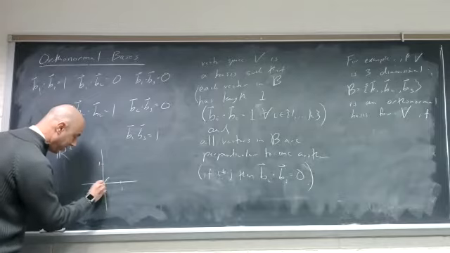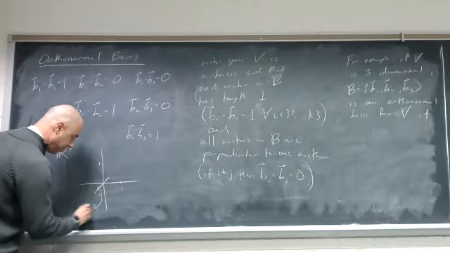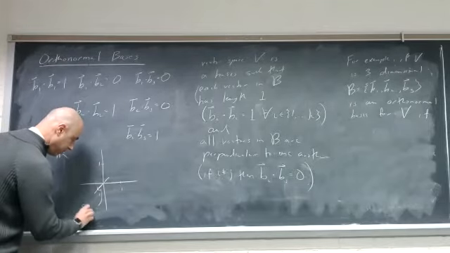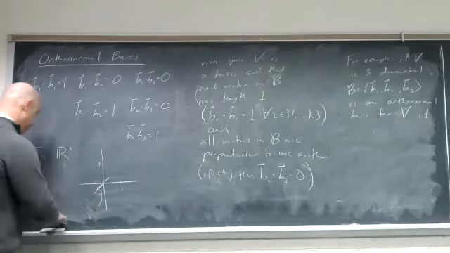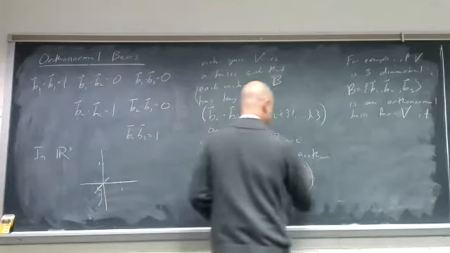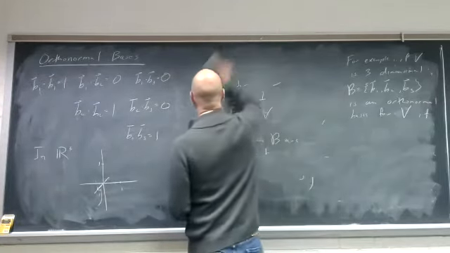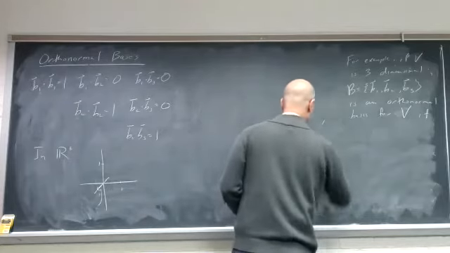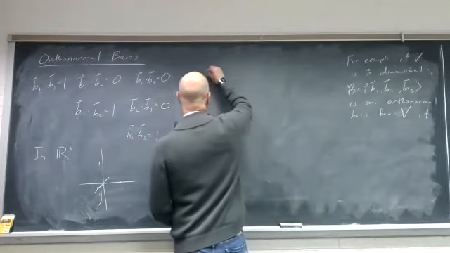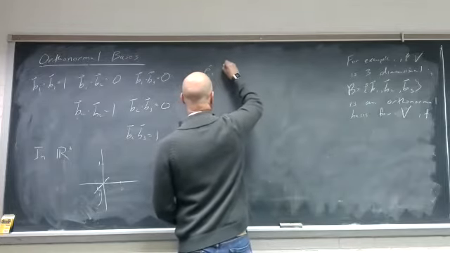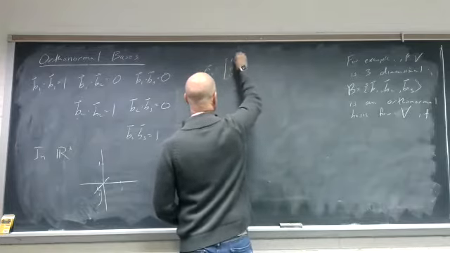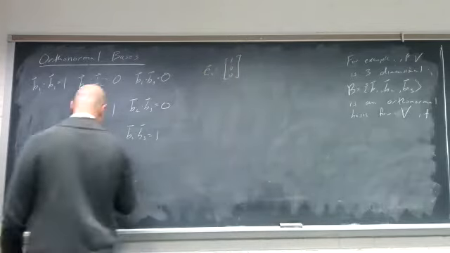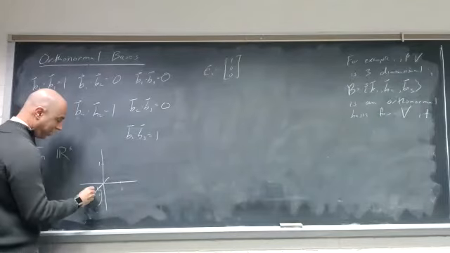The vector E1 is 1, 0, 0. So that's the vector pointing 1 unit out in the x1 direction.